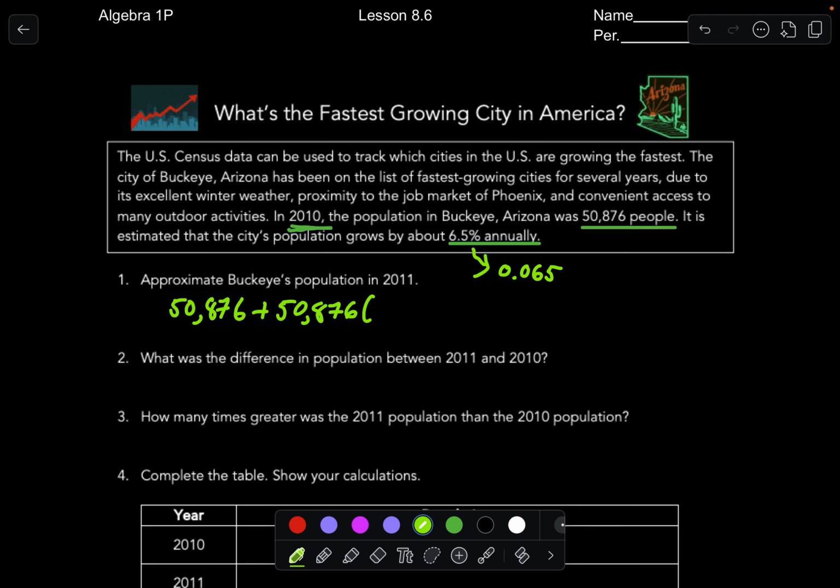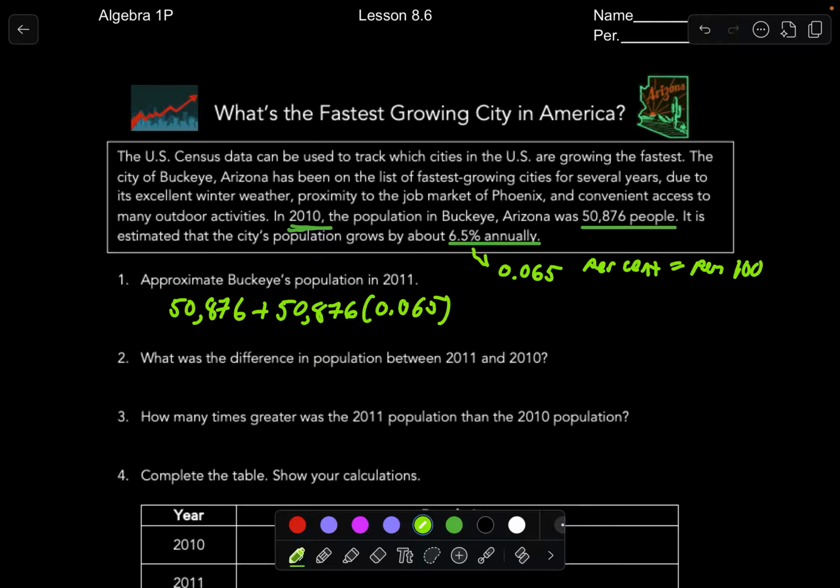Make sure you understand how to turn basic numbers like 6.5% into a decimal. Percent means per 100, which means you take the number 6.5 and divide it by 100, and that's how you find the decimal, and so that's going to be 0.065.